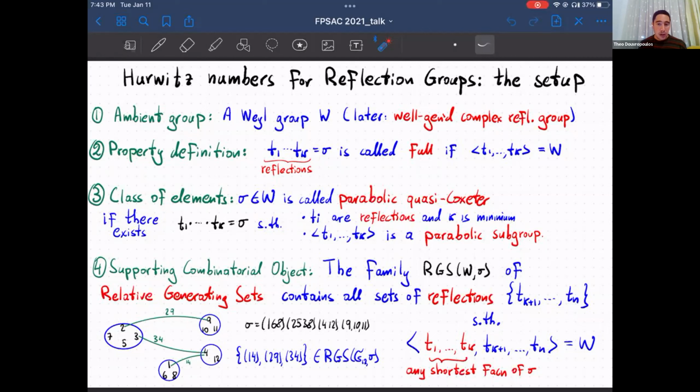Before, we had that a factorization has to be transitive, so that the transpositions have to act transitively on the numbers 1 to n. Now, this is a really cool property that does not have an analog for reflection groups. There isn't a natural collection of points or numbers on which a reflection group is acting. So this property is going to be very important for us. We're going to change it, and we're going to say that a factorization is called full if the factors generate the whole group.